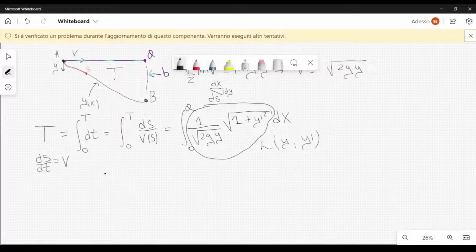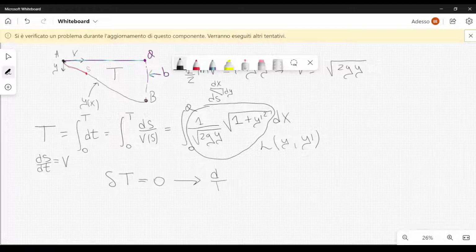And therefore we can use Lagrange equations if you want to find the variation of T and set it equal to 0. By setting this equal to 0, we will find the path which minimizes the time between A and B, the time for the motion between A and B. So delta T equal to 0, with the variation, will translate to Lagrange equations, right?